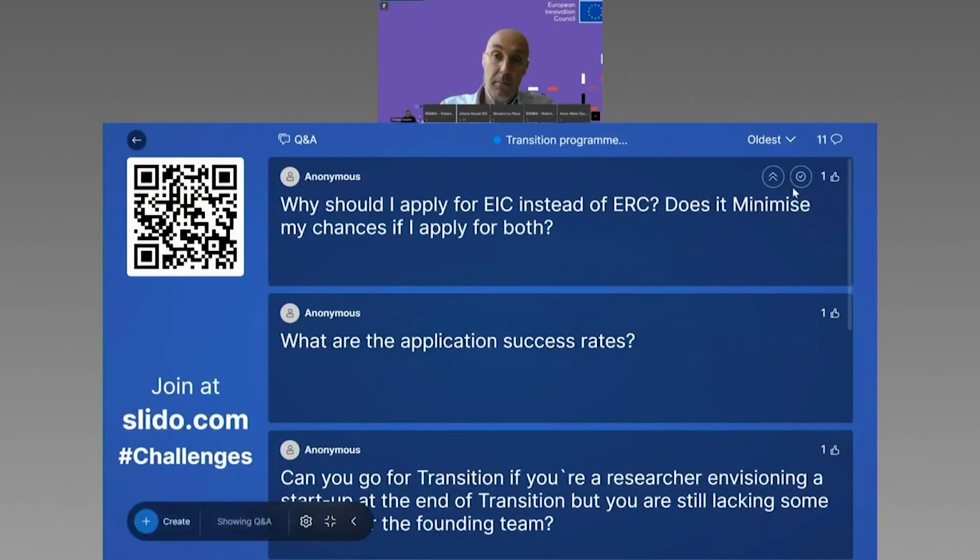This is a path that we are seeing. If you are applying to EIC Transition Open, you need to have an eligible project. Only for EIC Transition Challenge can you apply from any H2020 and Horizon Europe project.